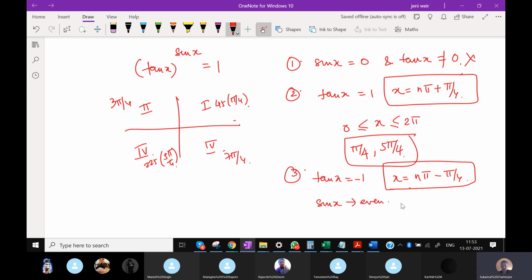And the only even value of sin x possible is 0, which means tan x is -1 with sin x equal to 0 is not possible. So the only set of values in this case is this. Clear?